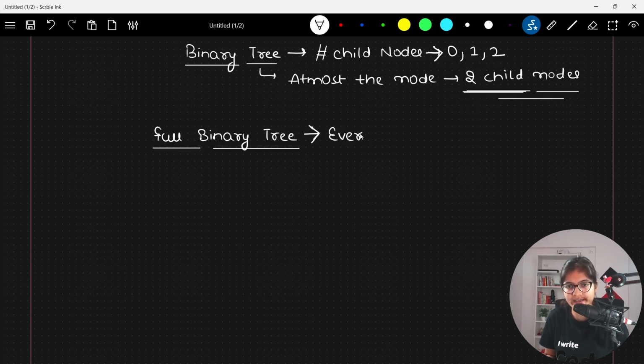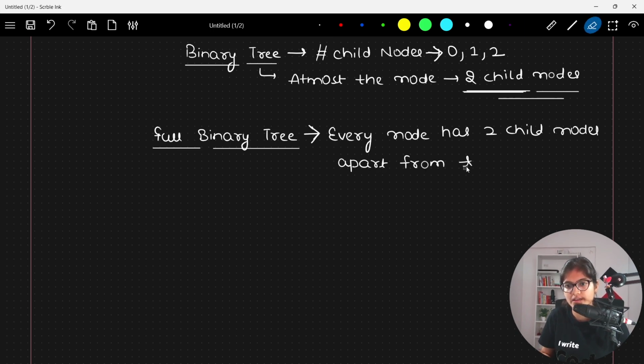So what does a full binary tree say? That every node has two child nodes, apart from the leaf nodes. What is the meaning of that?